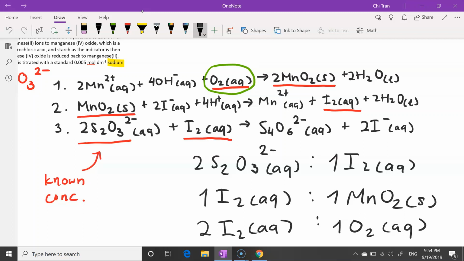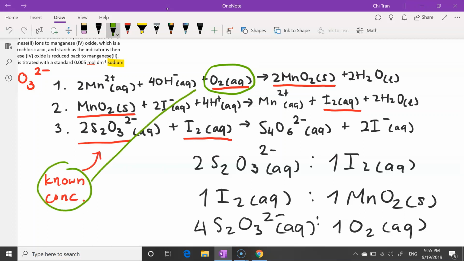And then we also know that 2 thiosulfate ions are to 1 iodine, and we can substitute thiosulfate in place of iodine, and we actually get 4 thiosulfate to 1 oxygen molecule. And so you can see how we went from our known concentration to oxygen concentration. And we can use this ratio to work out the concentration of oxygen.